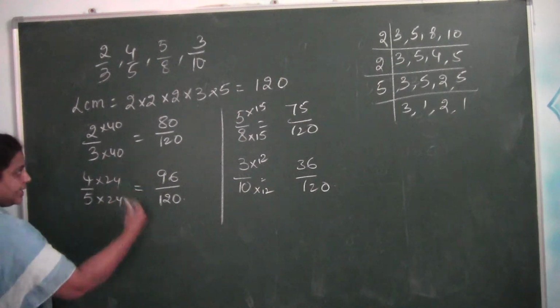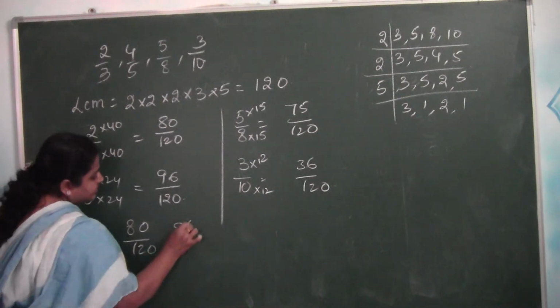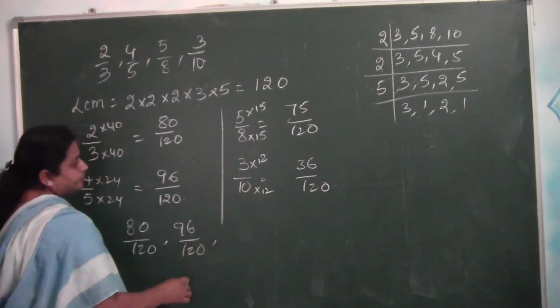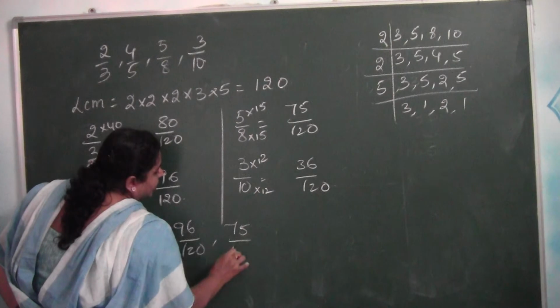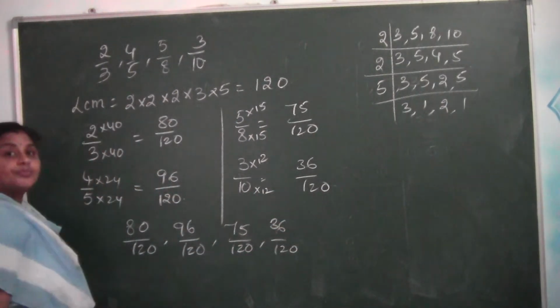Now let us list it out. 80 by 120, 96 by 120, 75 by 120 and 36 by 120.